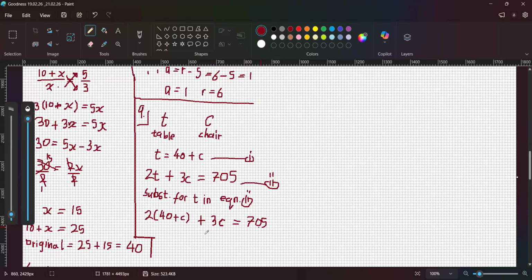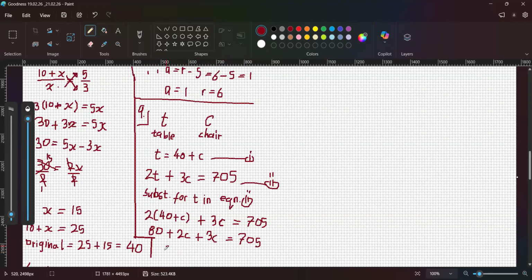Yes, I will definitely multiply the 2 by everything in that bracket. So 2 times 40 will give me 80. 2 times C will give me 2C. And I already have my plus 3C there waiting, and it actually waited for our next step.